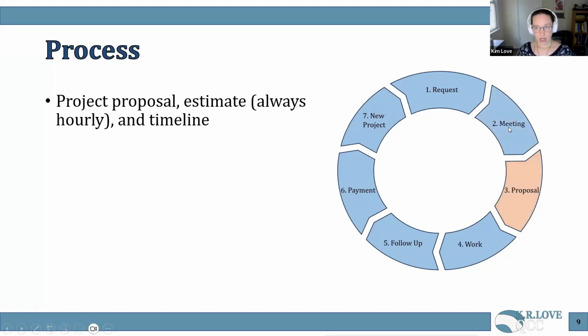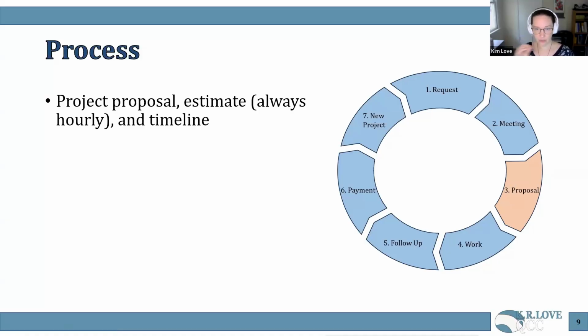The third part, after the meeting, if we decide to go ahead with the project, is I create a proposal, I make an hourly estimate, and I negotiate a timeline with the client. The proposal, a lot of times, is very informal. A lot of times, it's just here's what we discussed in the meeting in an email.